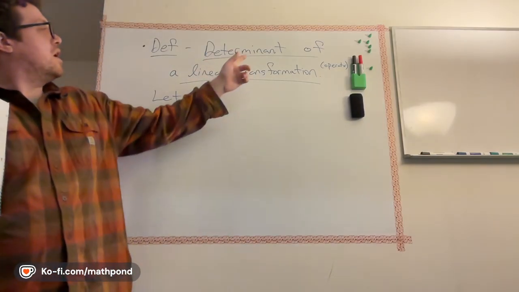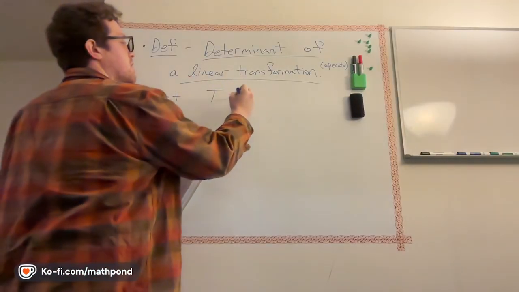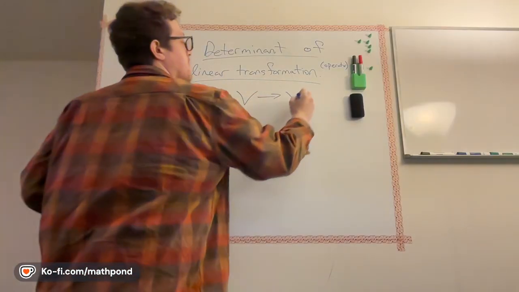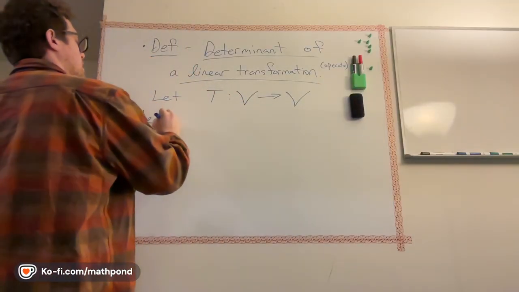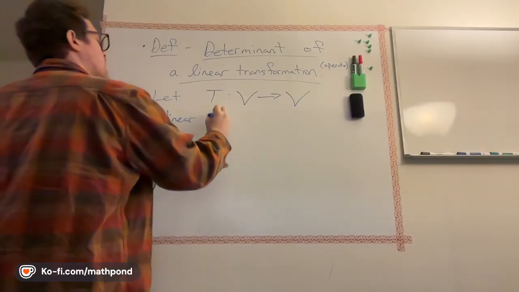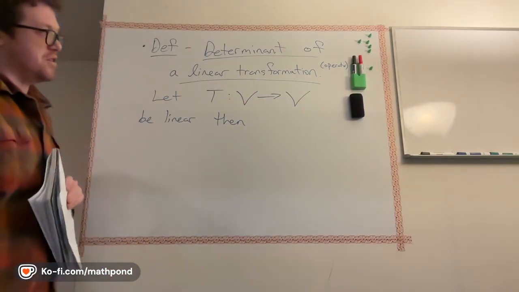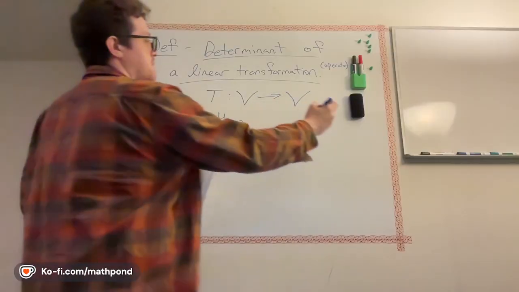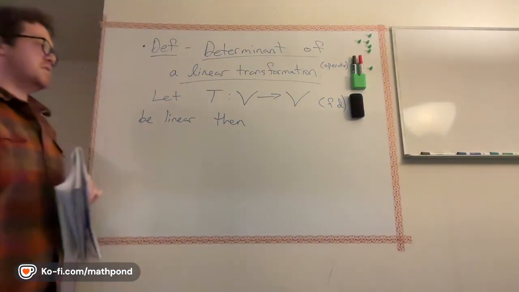So what is the determinant? So let T be an operator. So it's a linear transformation from V to itself. Let's assume finite dimensional here. So V is finite dimensional.